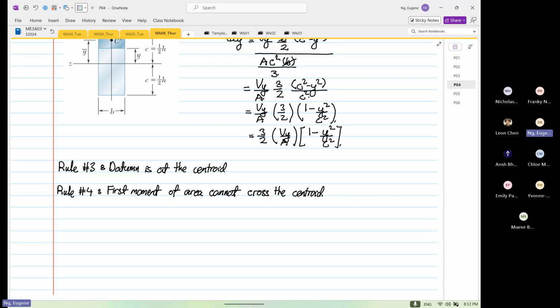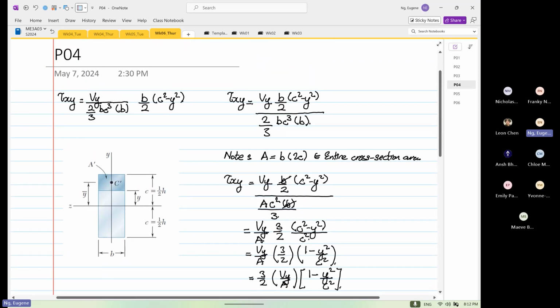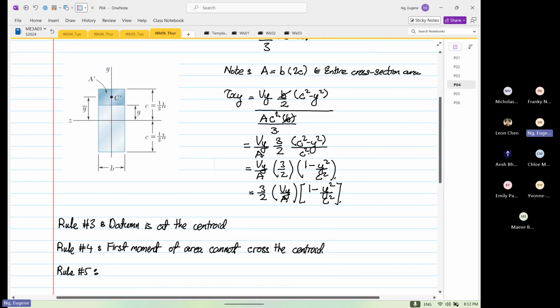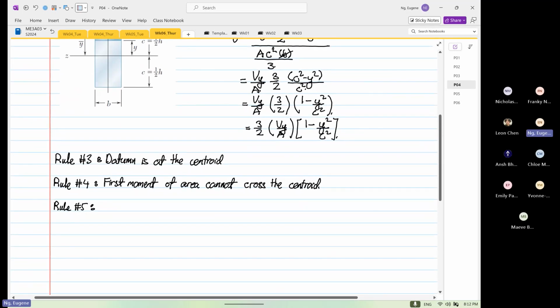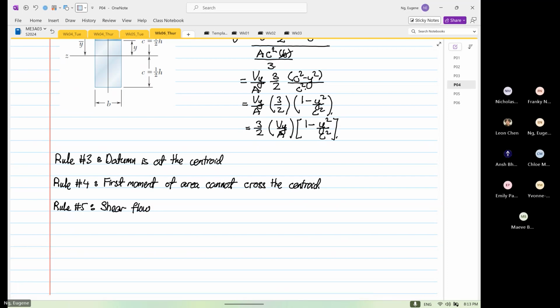Okay, and then rule number 5, which is very obvious. When we derive this, when we do this cross section, rule number 5 is the shear flow Q can only flow in one direction only.